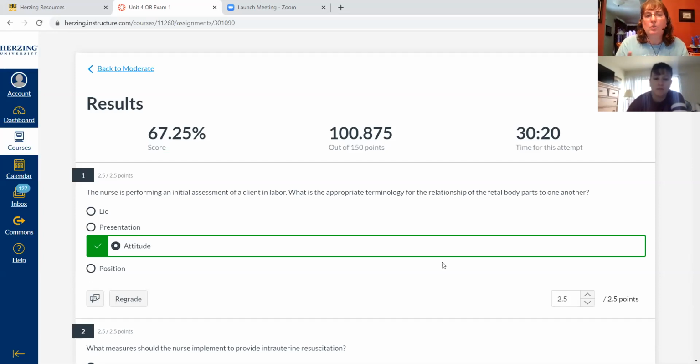Again, like I was saying with OB, really pay attention to the proctored exam. That's really important. Spend some time and do lots of questions on that. Look through your ATI book and see if you can get a better understanding of certain things as you're reading through it. Okay?